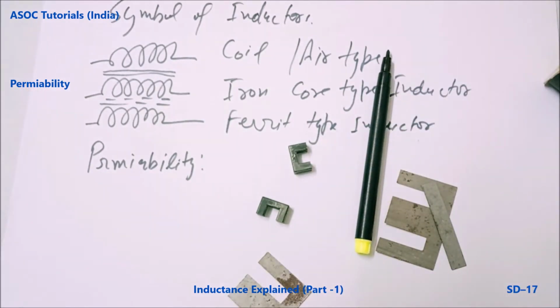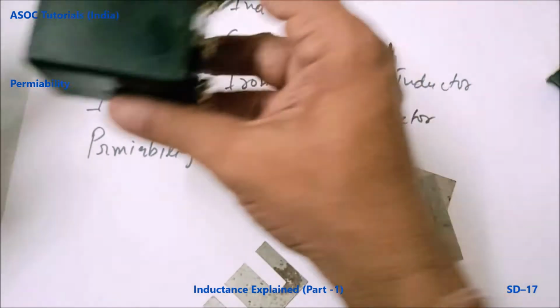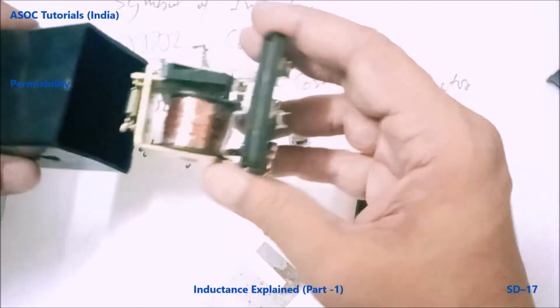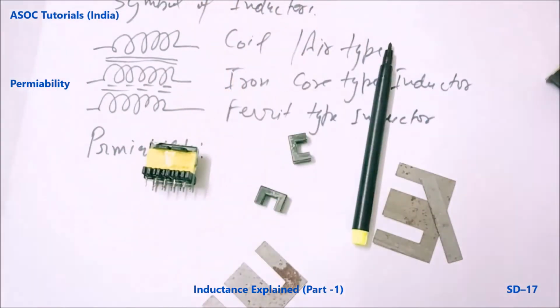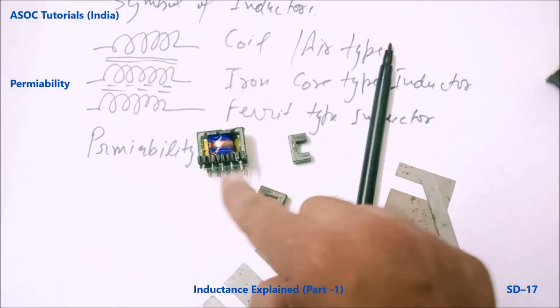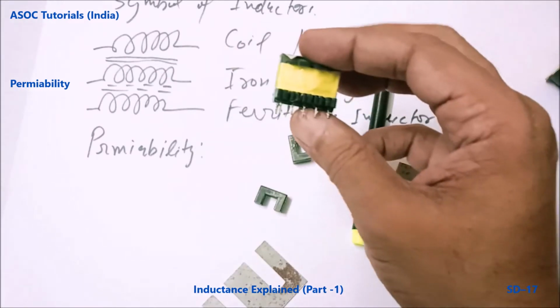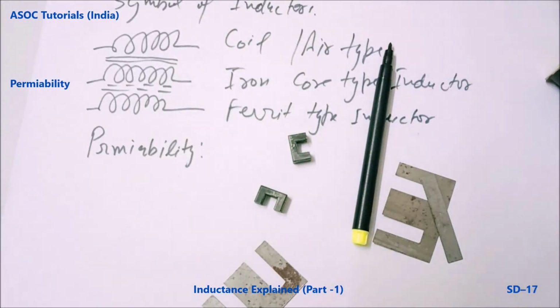This is a characteristic of matter and is important in the design and construction of electromagnets, inductors and AC transformers. I am showing you, this is a relay, this is inside. So when you are going to design it, in the same way, this is a transformer, see inside, it is very important to think about everything.